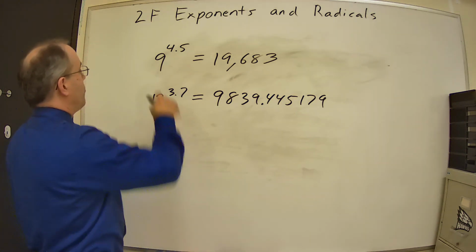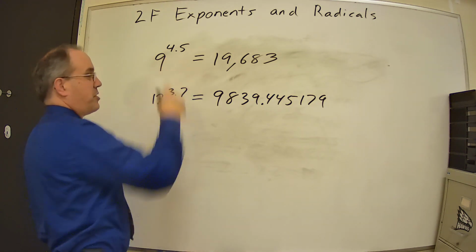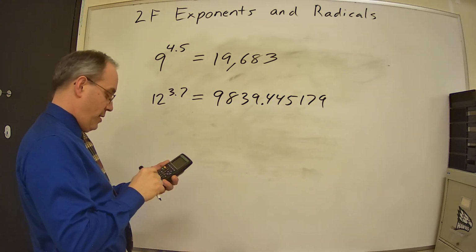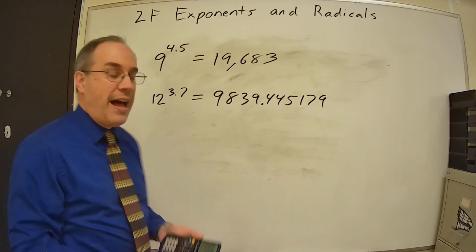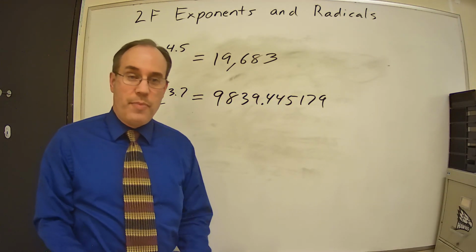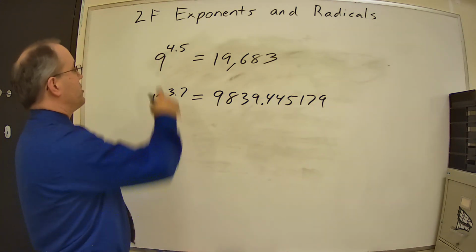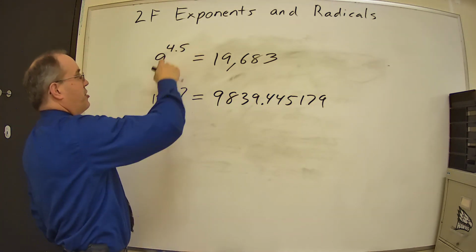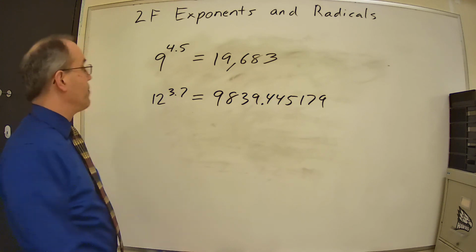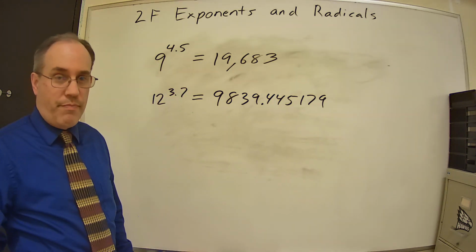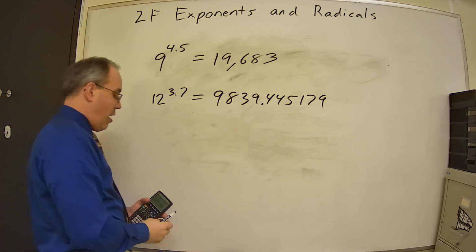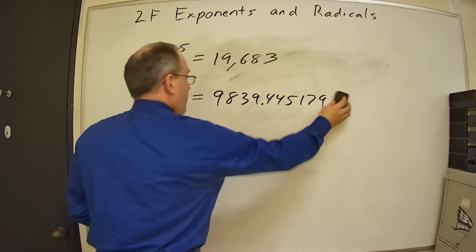It is not multiplying the base times the exponent. If I do 9 times 4.5, I get 40.5, which is definitely wrong. So keep that in mind. It is not just simple multiplication, this times that. You're multiplying that base together again and again. That's a very common mistake that I see people make.